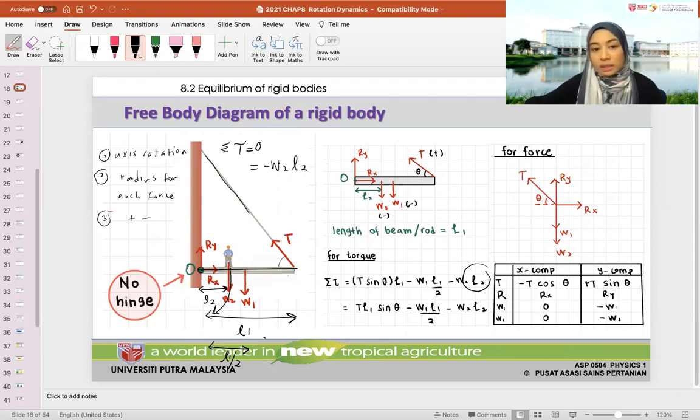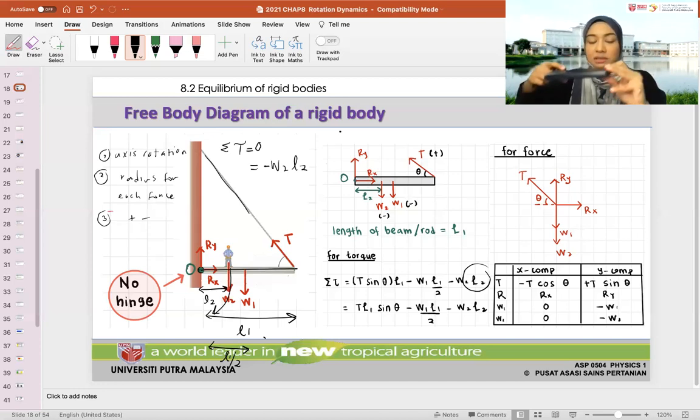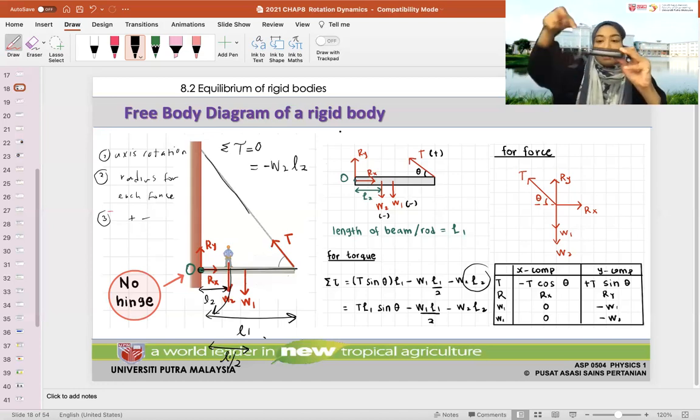And then the next one is weight 1 L1 over 2. The radius is L1 over 2. The force is weight 1. So for the center of the beam, if the string snaps, it's going to follow gravity, right?